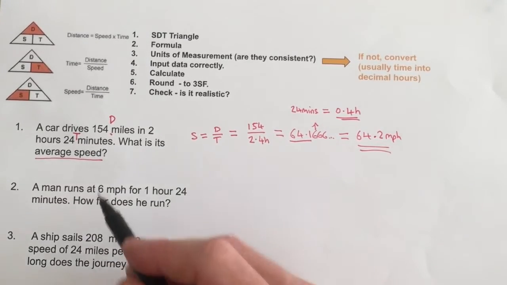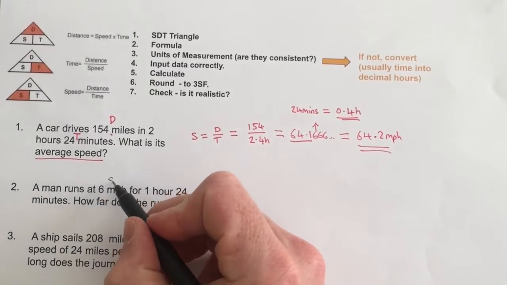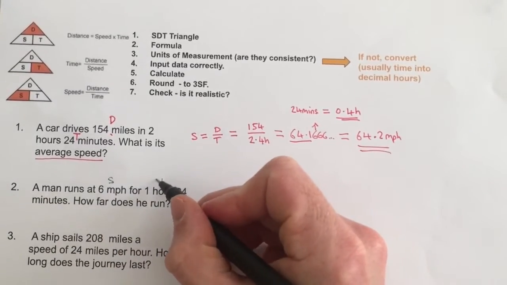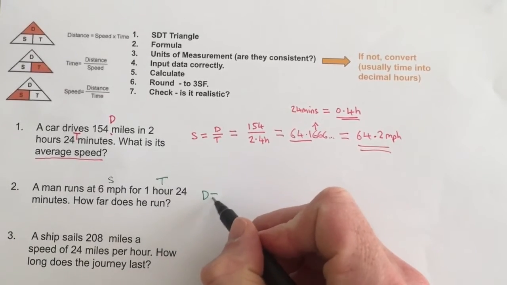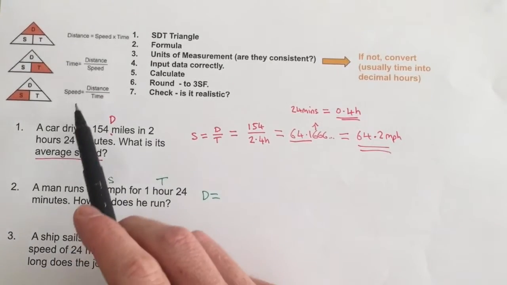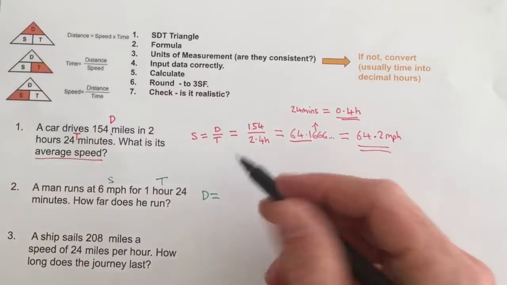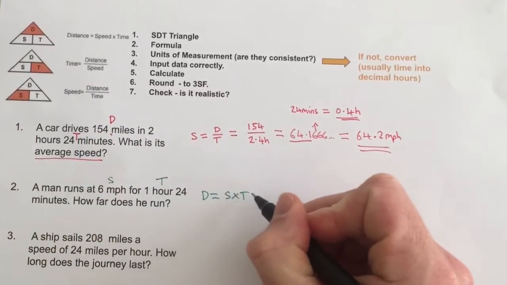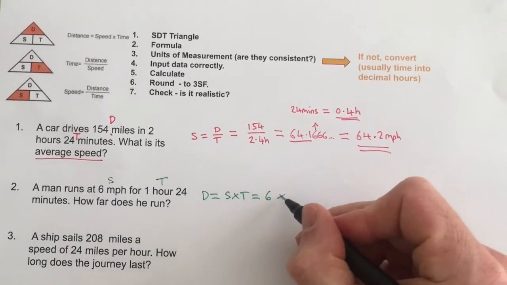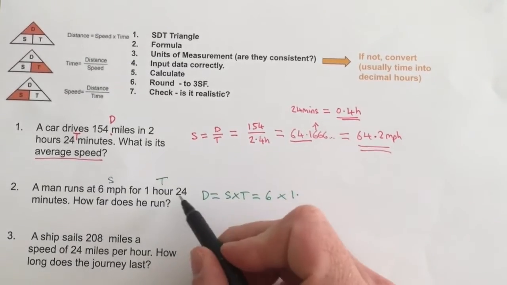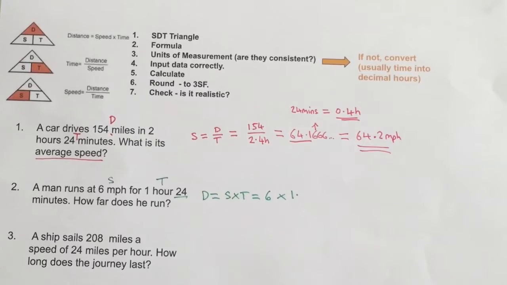Question 2. A man runs at 6 miles per hour, that's speed, for 1 hour, 24 minutes, that's time. How far does he run? Well, they're asking us for distance. Distance equals speed times time. The speed is 6 miles an hour, and the time is 1 hour, and we've got 24 minutes again, which we need to convert.